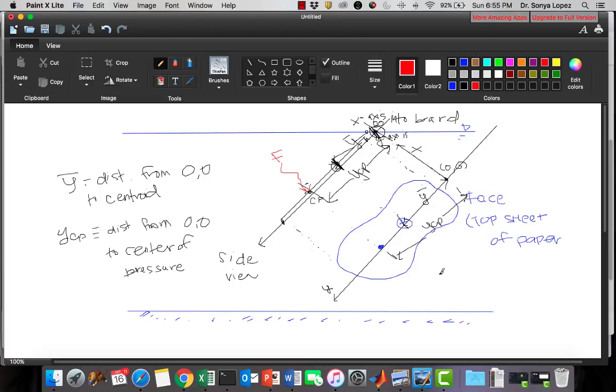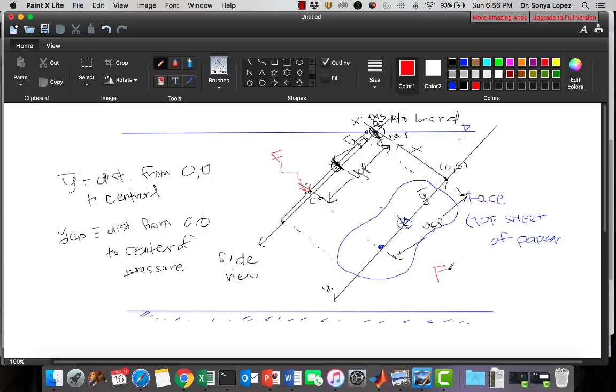That equation, force, is equal to gamma h bar A, or gamma y sine alpha A. Why is that y inside? Let's go back to our equations.